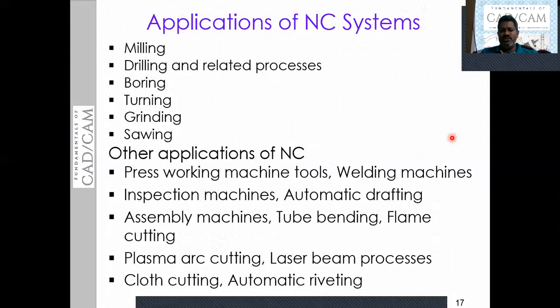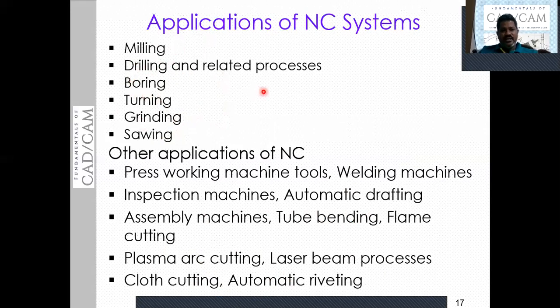It can also be used for automatic drafting, assembly machines, and tube bending machines. Flame cutting, plasma arc cutting, and laser beam are all advanced machining processes. In almost all these advanced machining processes, you can use the NC system, as well as the conventional machining processes: milling, drilling, boring, turning, grinding, and sawing.